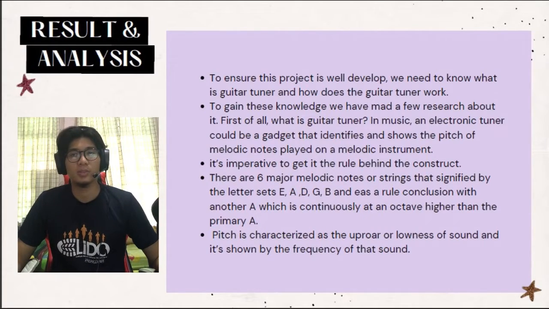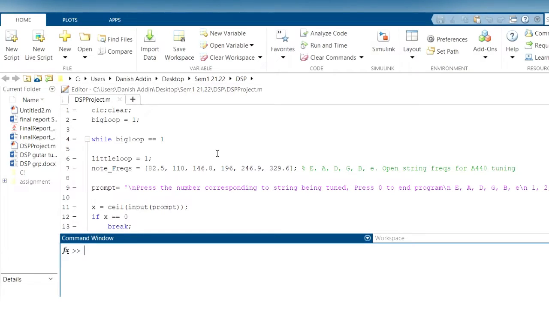The last one is pitch, which is characterized as the highness or lowness of sound, and it is shown by the frequency of the sound produced by the strings. So that's all for the result part.